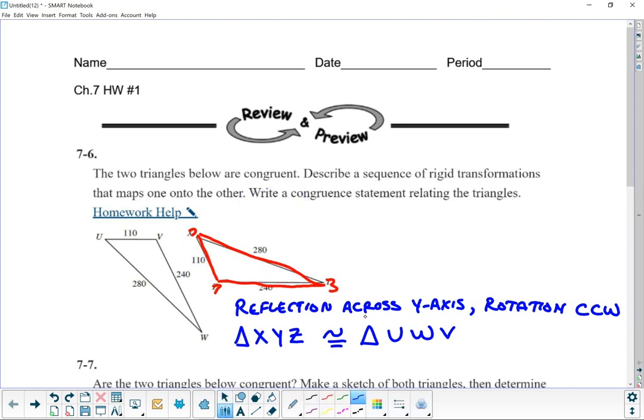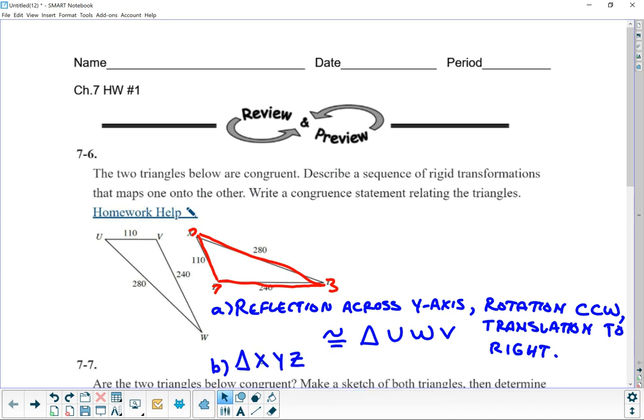So you can add that in: reflection across the y-axis, rotation counterclockwise, and a translation to the right. That's part A, and part B is writing the triangle congruence statement. If you need to rewind or repeat any of that, go ahead and do it now.